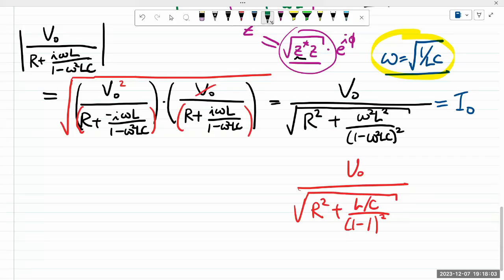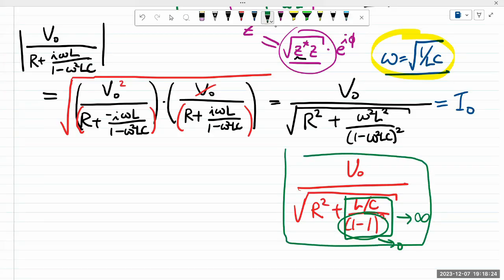This combination here is approaching 0, which makes this entire number approach infinity, which means this r squared is kind of irrelevant. It's insignificant, doesn't count in anything. And this entire quantity here, representing I naught, equals 0.